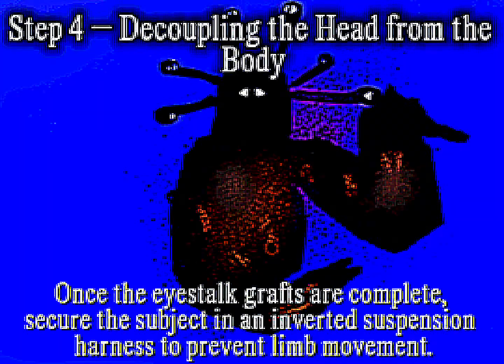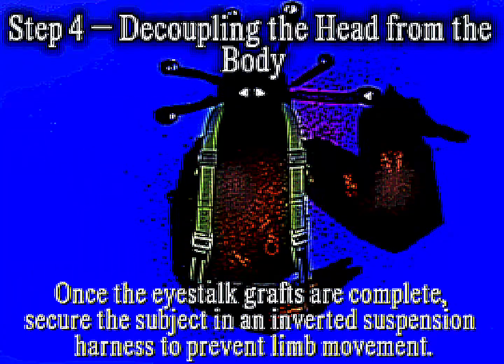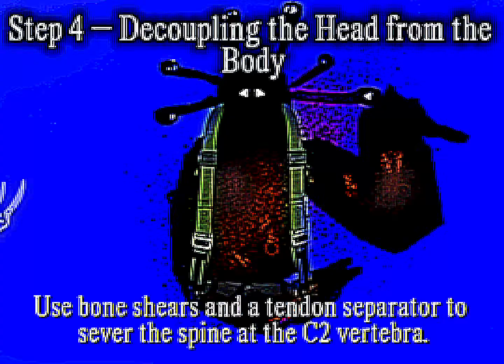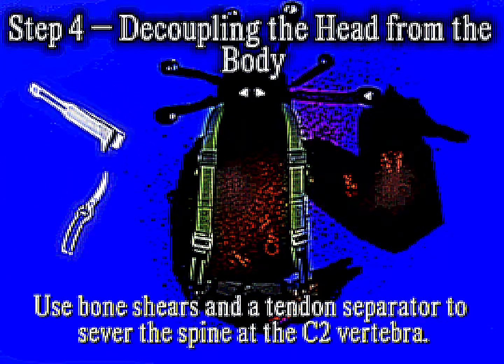Once the eye-stalk grafts are complete, secure the subject in a vertical suspension harness to prevent limb movement. Use bone shears and a tendon separator to sever the spine at the C2 vertebra.